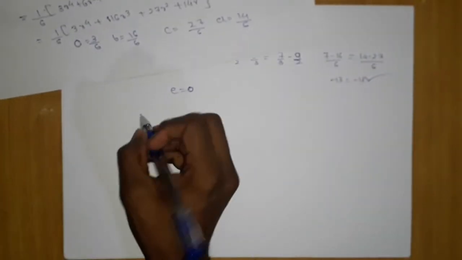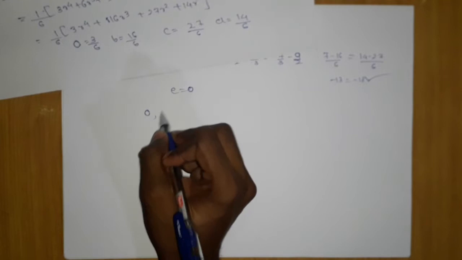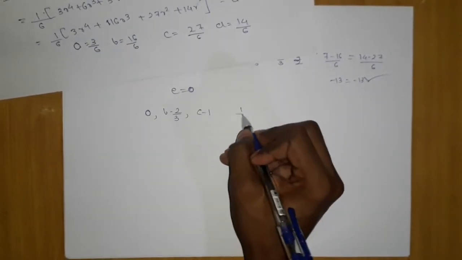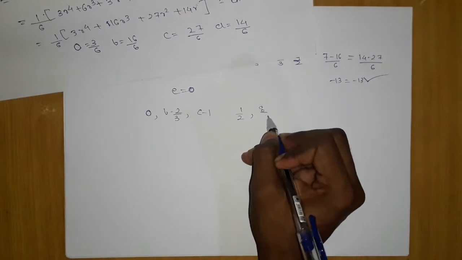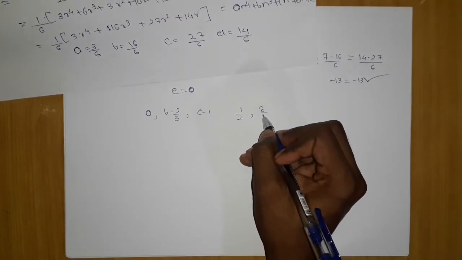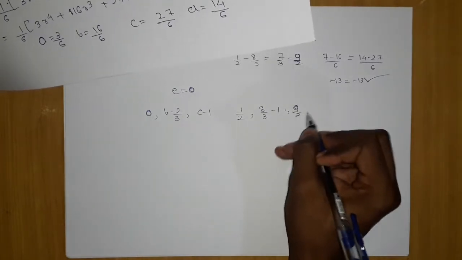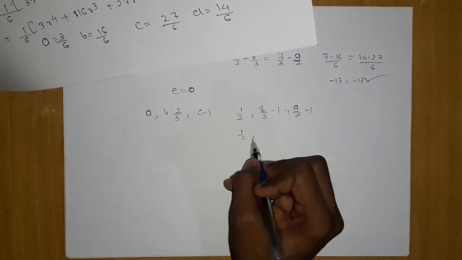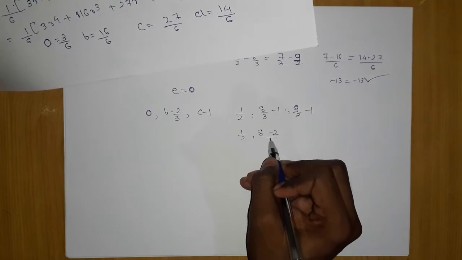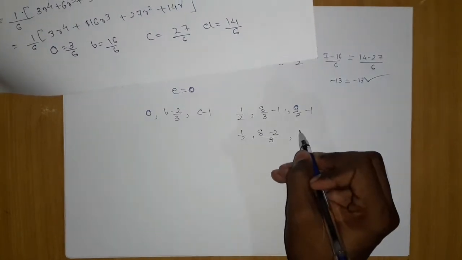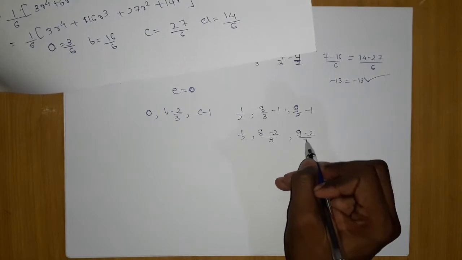Now the third option is checking for a comma b minus 2 by 3 comma c minus 1. Which is 1 by 2, 8 by 3 minus 2 by 3 comma 9 by 2 minus 1, which will give me 1 by 2 comma 8 minus 2 by 3 comma 9 minus 2 by 2.